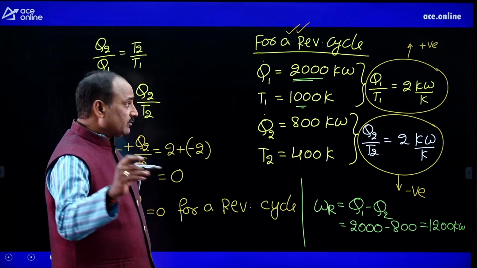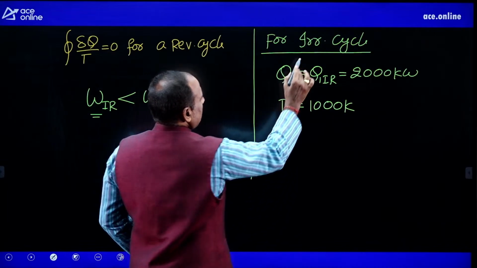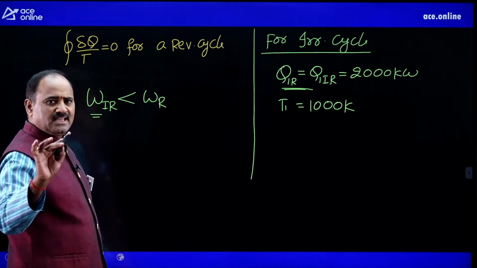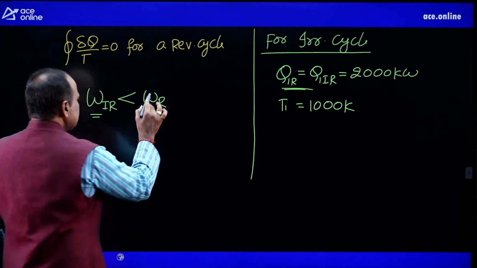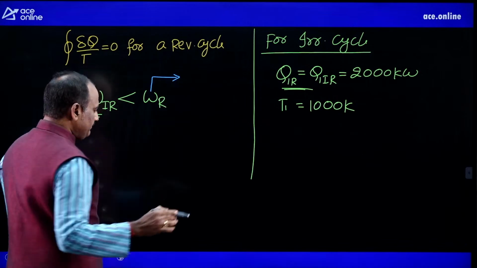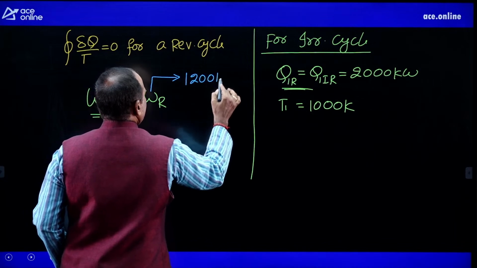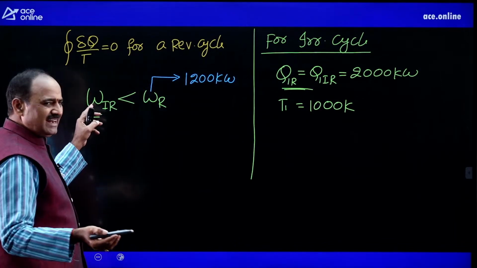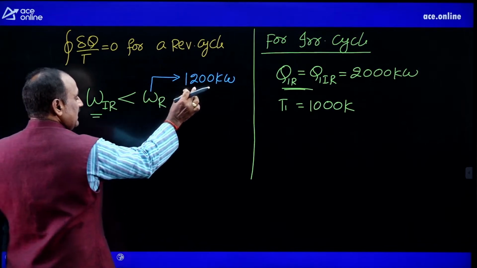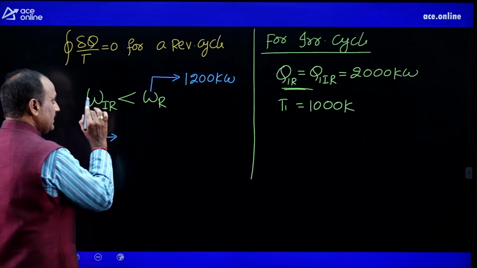But what I am trying to tell is, though you are supplying the same amount of heat for both the reversible and irreversible cycles, the net work output of the irreversible cycle is always less than that of the reversible cycle. The net work output of the reversible cycle we have decided is 1200 kilowatts. From this we can decide the net work output of the irreversible heat engine. You can take any value less than this.